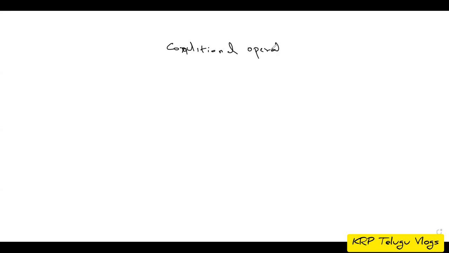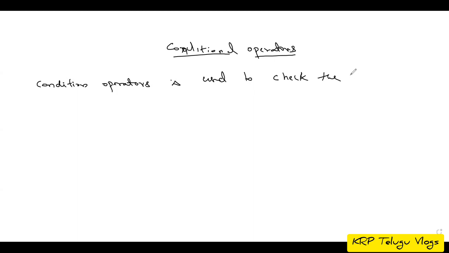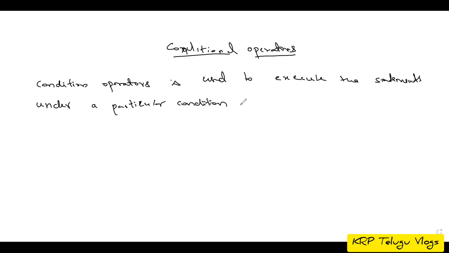Conditional operators are used to check the condition or execute the statements under a particular condition if the condition is true.